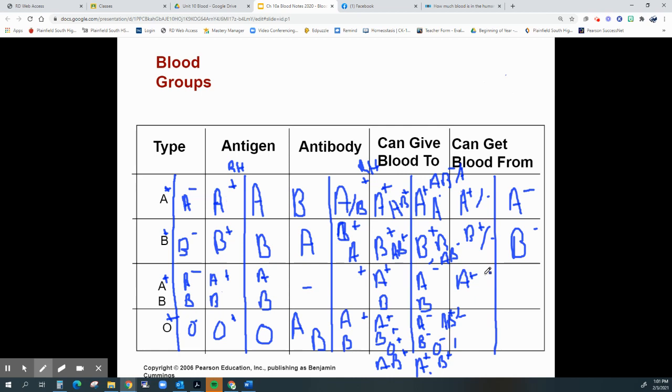So this would be A positive, B positive, AB positive, AB negative. And then we could also do the negatives of both A and B, and then you could do O positive and O negative. AB negative can only get blood from A negative, B negative, AB negative, and O negative. And then O negative can only get blood from O negative.